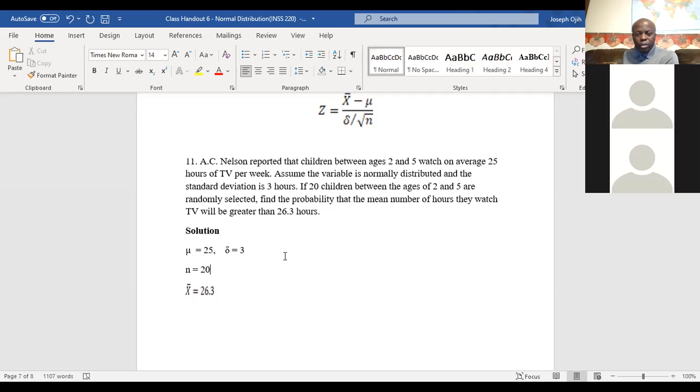So now that means anywhere we see X bar, we put 26.3 for X bar, 25 for the mean, standard deviation 3, and sample size 20. So I'm gonna put it in.